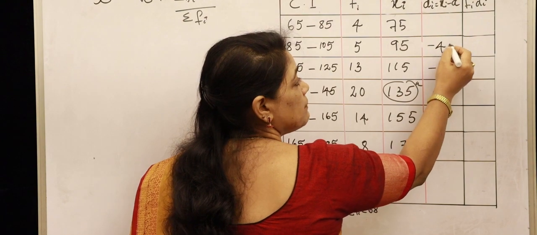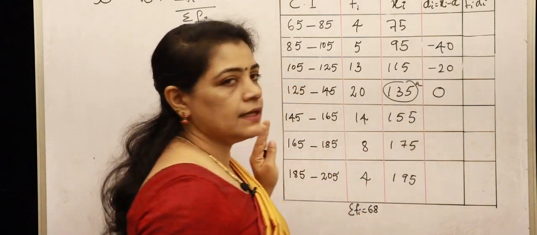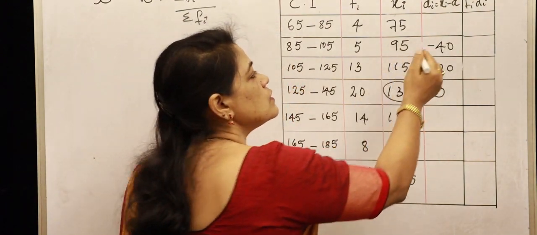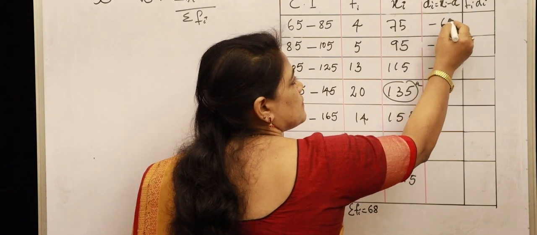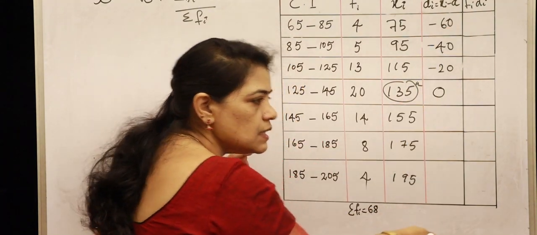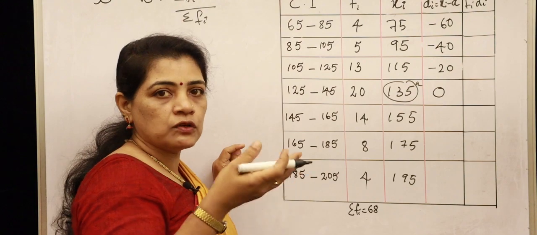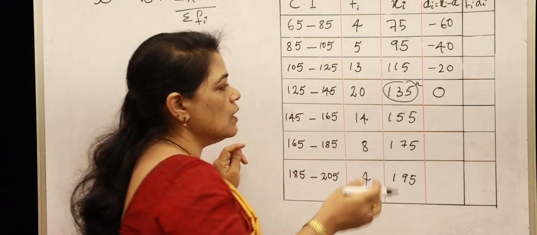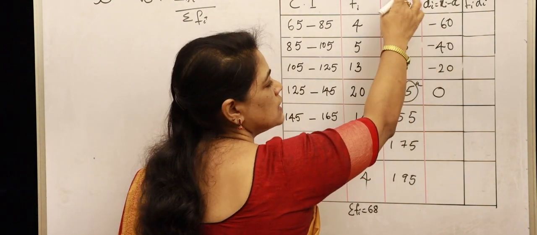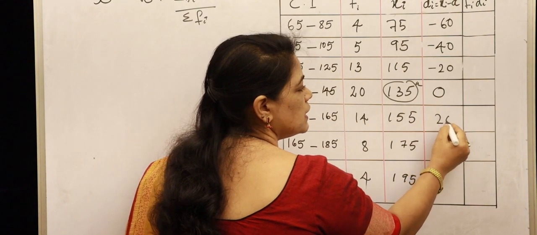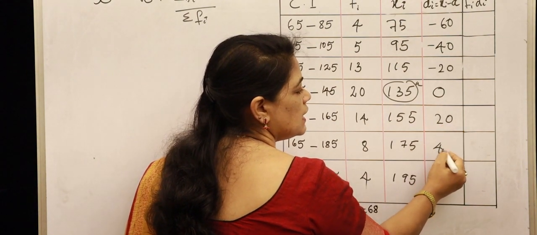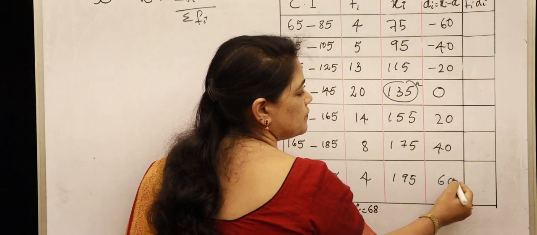There are different methods to get these entries very easily. Here also negative 60. And here comes the positives of 20, 40, 60 like that. 155 minus 135, positive 20, 40 and 60.